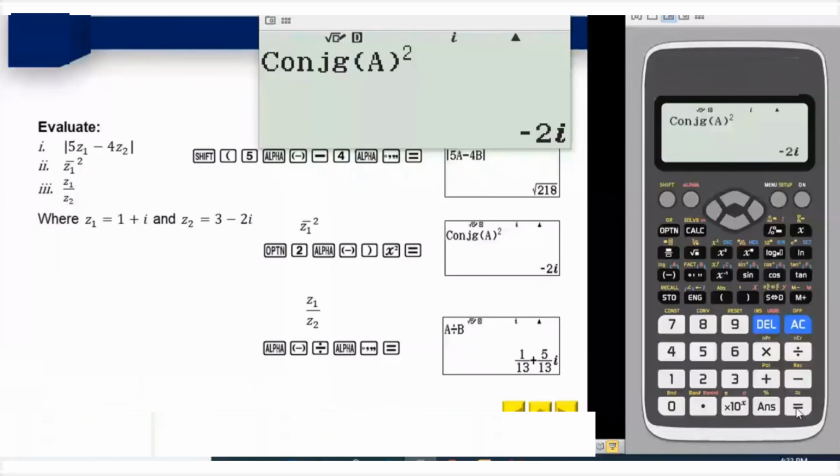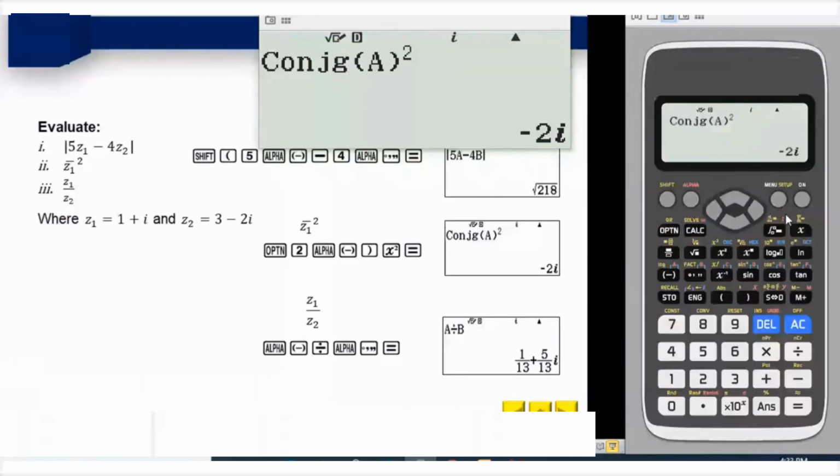Alright, please also remember, if this would have been Z1 square with a dash above it, it means that the square would have been inside the bracket. You need to be aware of whether it is the conjugate of A, squared, or the conjugate of A square. In this particular case, it is the conjugate of A, squared.